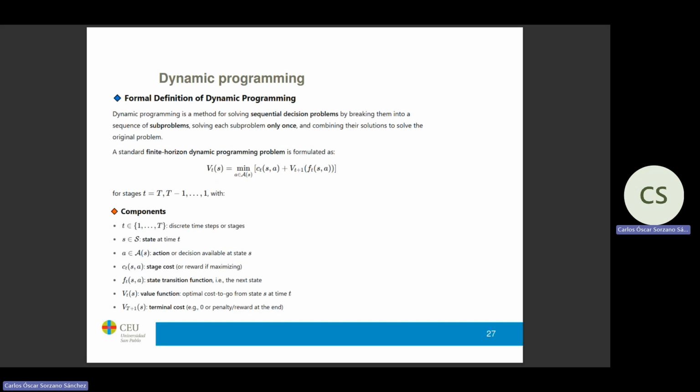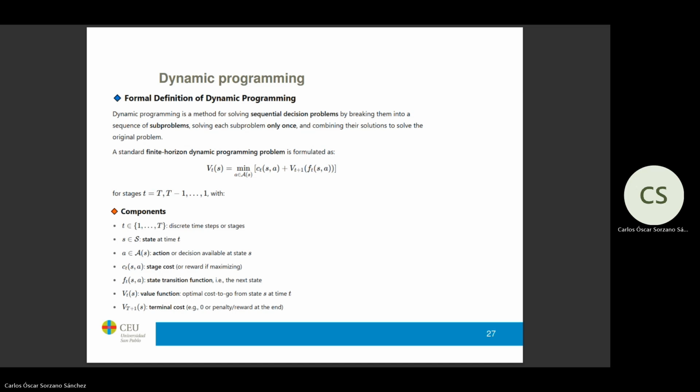So the value at time t of a particular state is this: let's say that at this moment I have the state S, and I take action A. The actions here: I will order 10 units every day, or 100 units, or whatever.